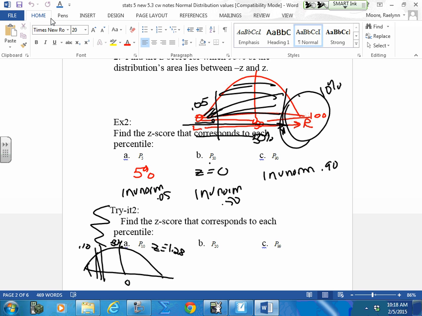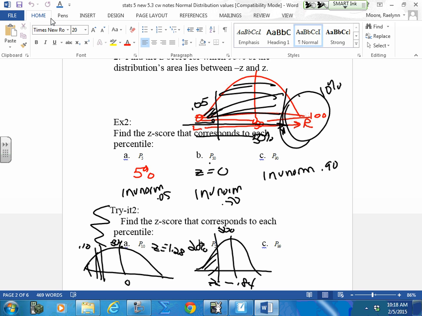Make sense? If you're looking for 20%, am I a negative or a positive z-score? Negative. I'm less than 50%. So somewhere, this is 20%. So I inverse norm 0.20, and I get negative 0.84.